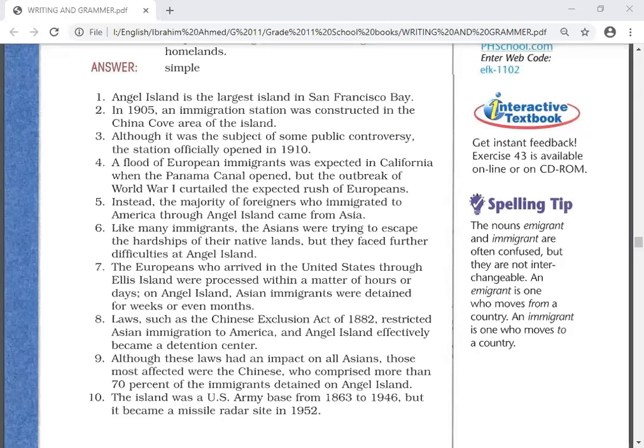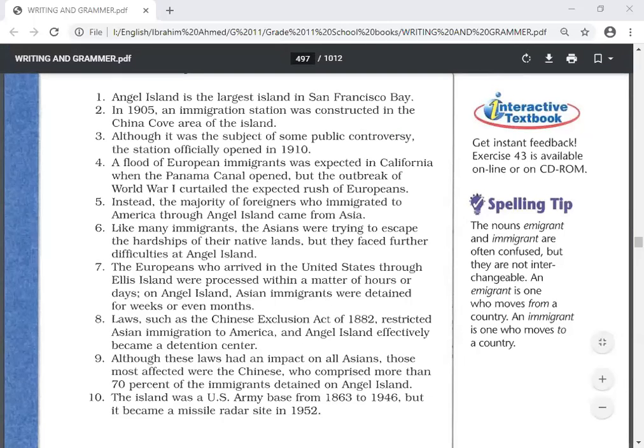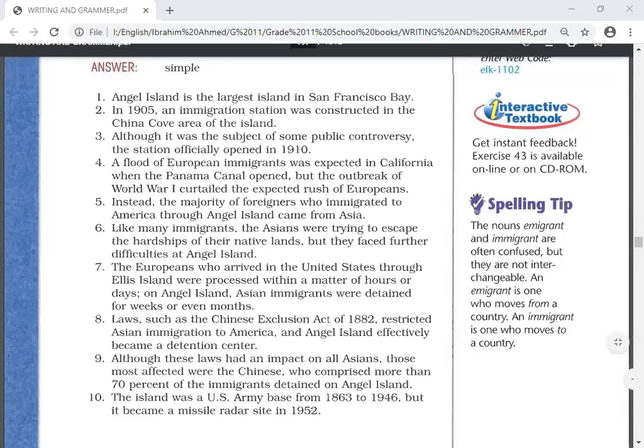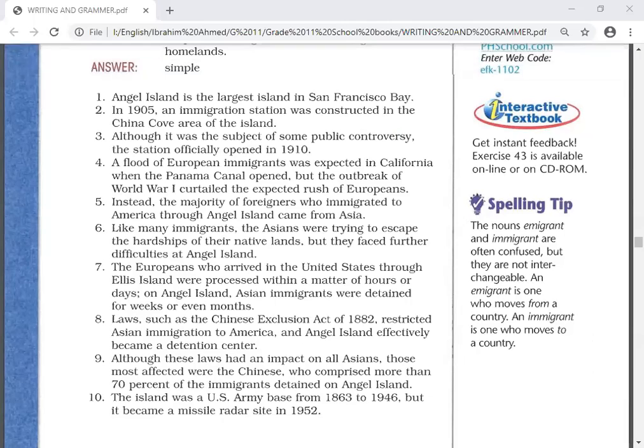Thank you. Who can do number 7? If you want to participate, please put your hand up. I'll go to Jana Walid. If you can do 7, Jana, please go ahead. Take your time.